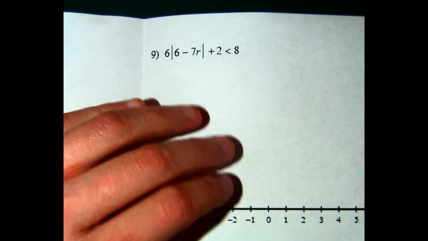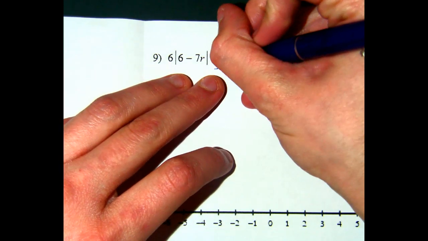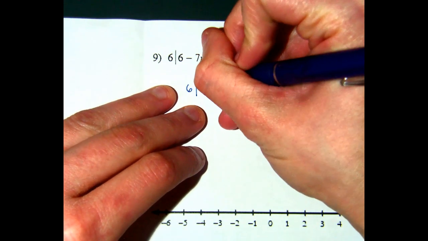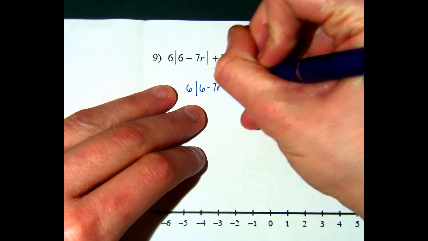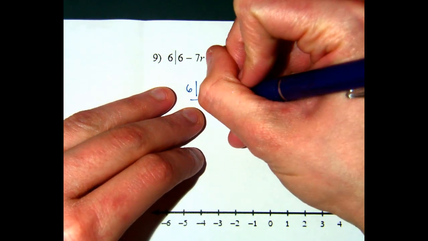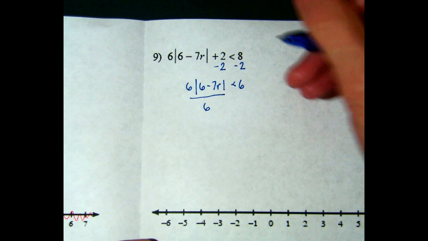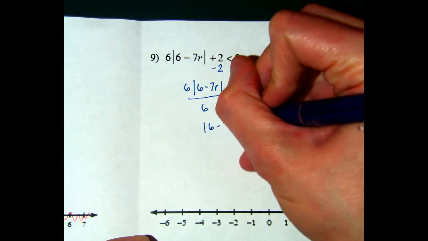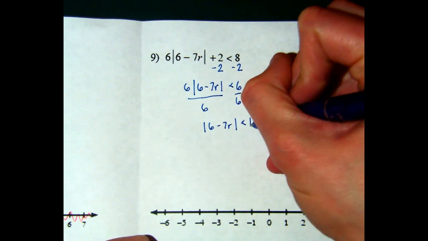Okay, last but not least, I'm going to move away from these absolute values. So still have 6. Absolute value of 6 minus 7r is less than 6. And divide by 6. The absolute value of 6 minus 7r is less than 1.